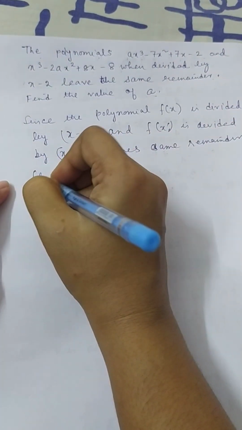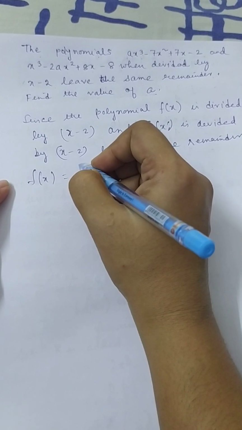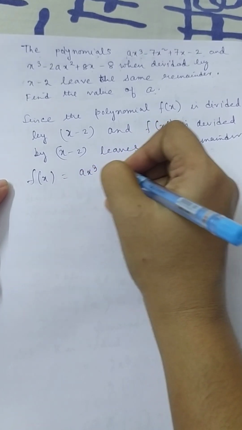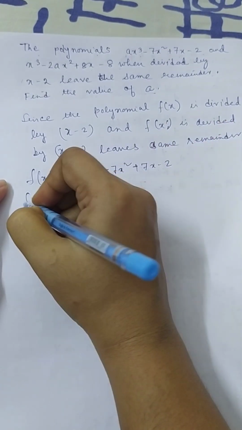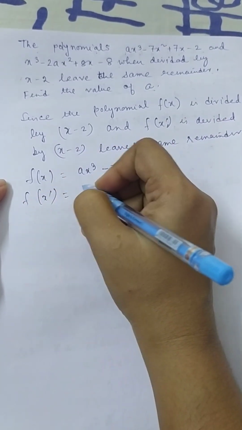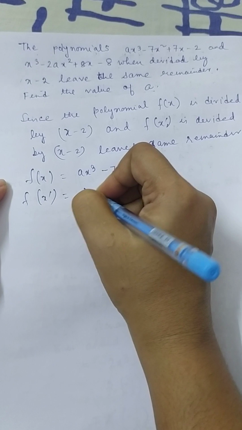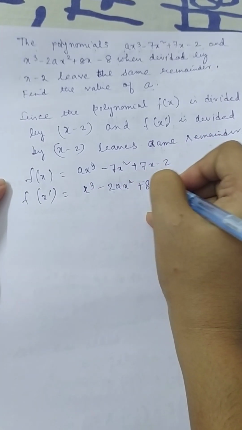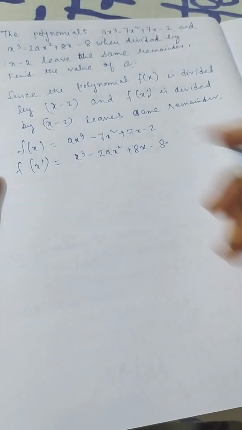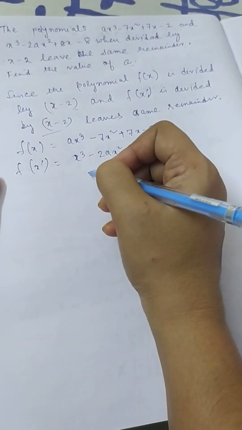Okay, and what is f(x)? f(x) is ax cube minus 7x square plus 7x minus 2, and f dashed (x) is equal to x cube minus 2ax square plus 8x minus 8, and both are divided by x minus 2 and will leave the same remainder.